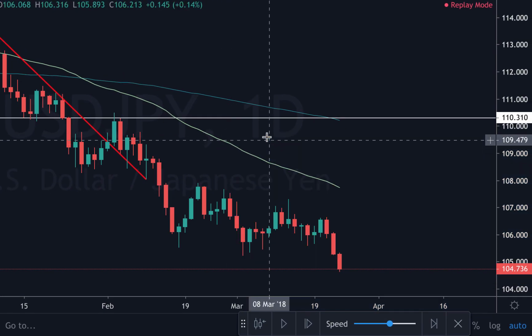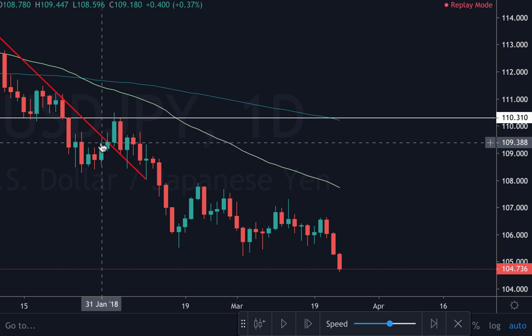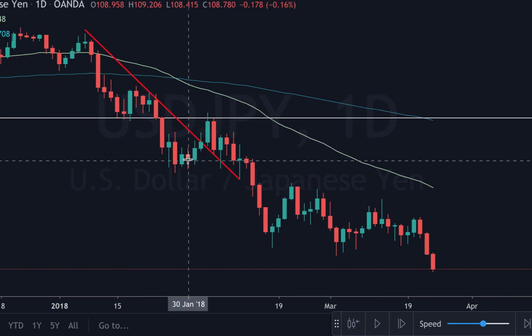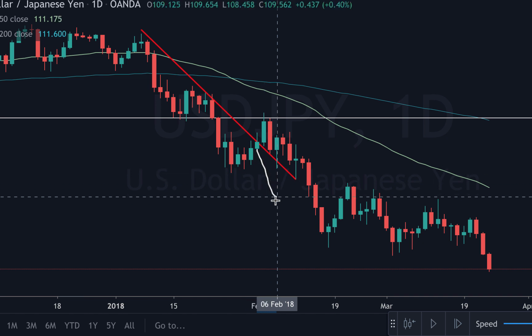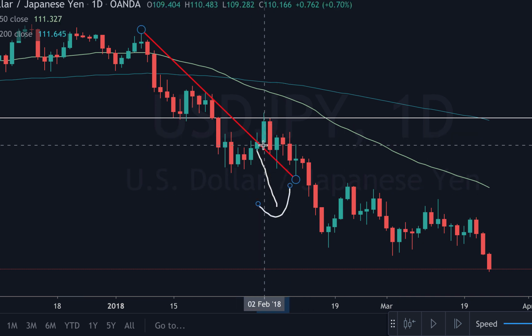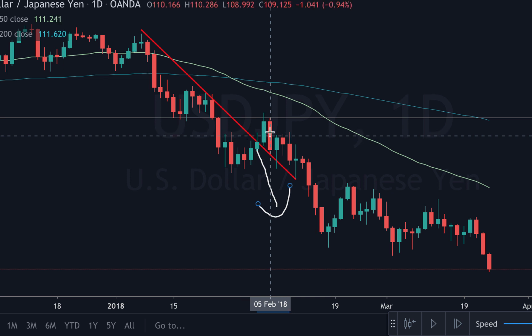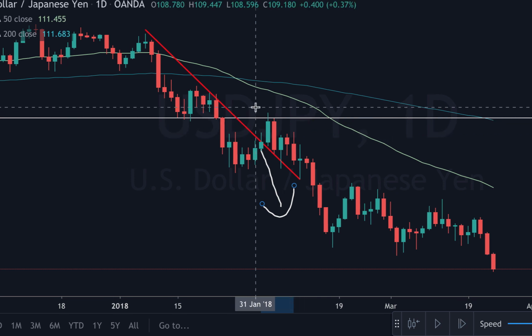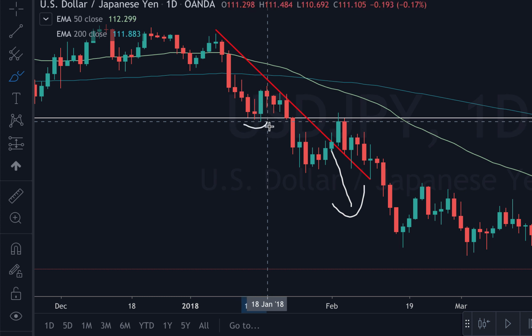So when the market comes back and retests on the retracement, the market didn't retrace right away from this point. It didn't do that. It went higher than that. But the market didn't actually break the structure. The market breaks the structure when it breaks the previous low, right?